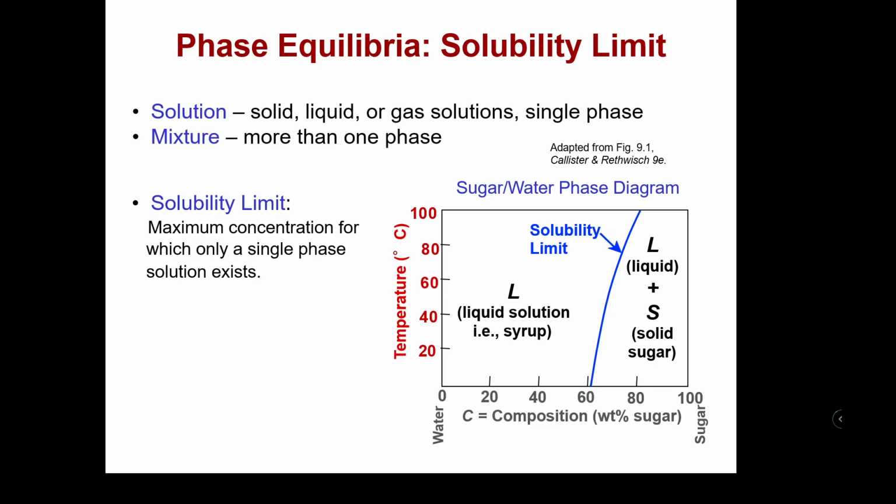And long story short, now we have diabetes in this country all over the place, and obesity and all sorts of things. So solubility limit is a barrier or a boundary above which you won't be able to maintain the same single phase, and you can't really have a true solution.